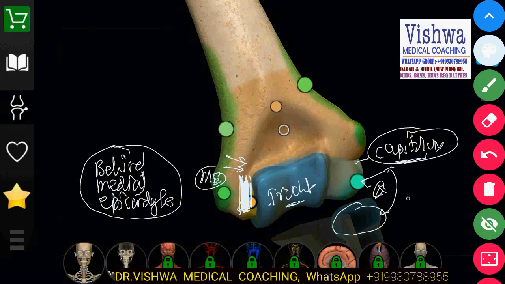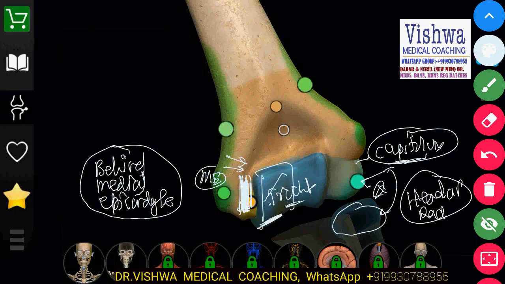You can see the head of the radius here. And the trochlea, which is the slanting or oblique portion, articulates with the ulna. Remember, the ulna is the medial bone, so it is below the medial epicondyle.